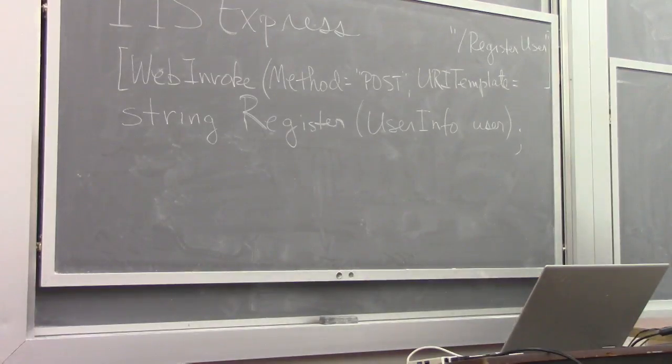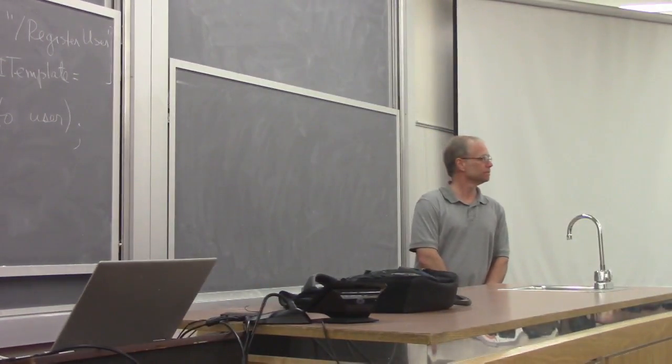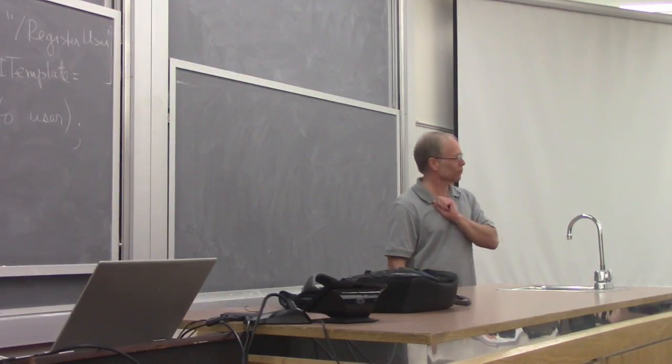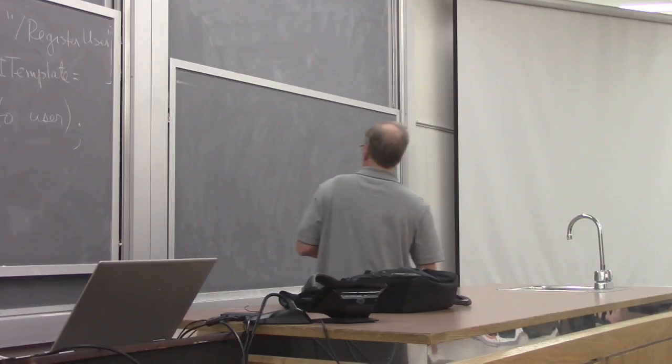Well, what would you type? What URL would you use to invoke the service? What would you use from your client? A register button or something? Well, it starts with an H. Yeah? The base address. Right.